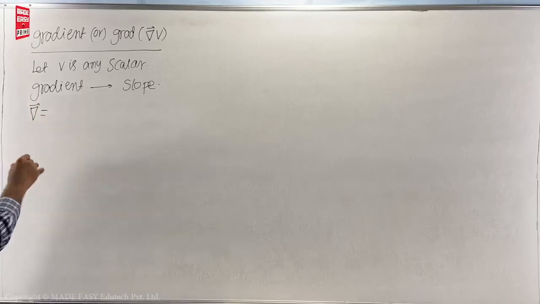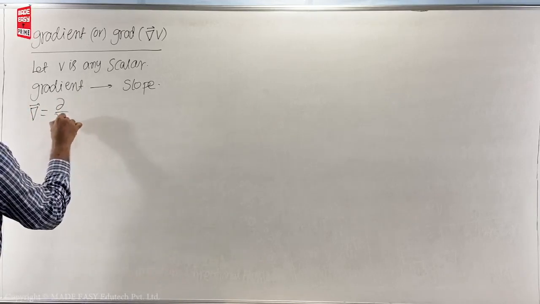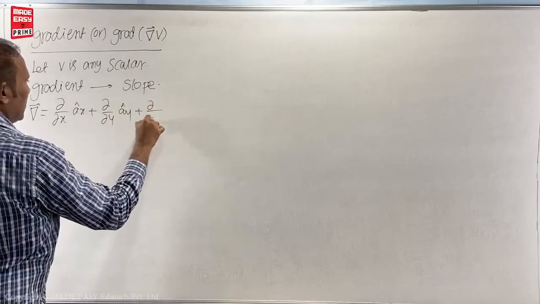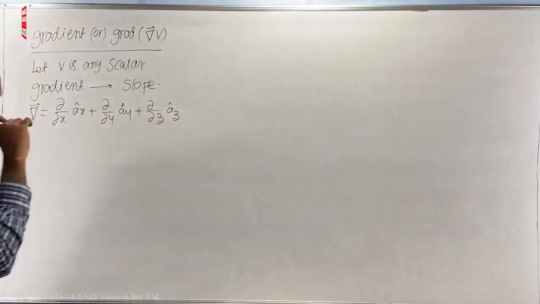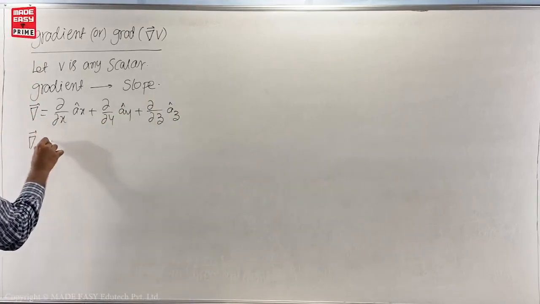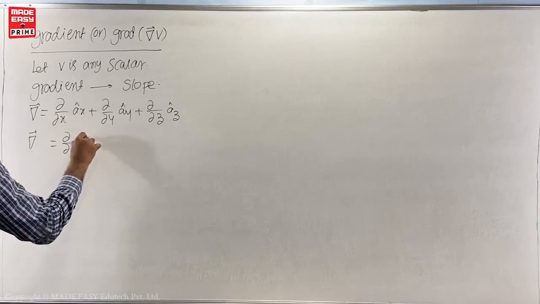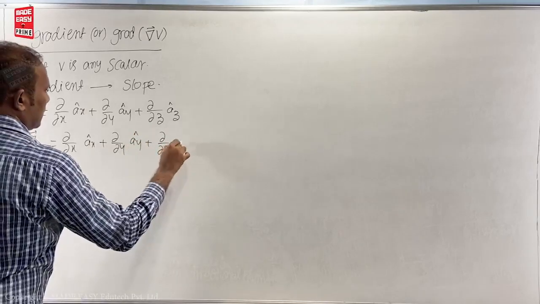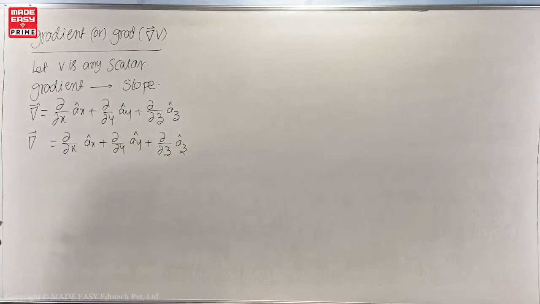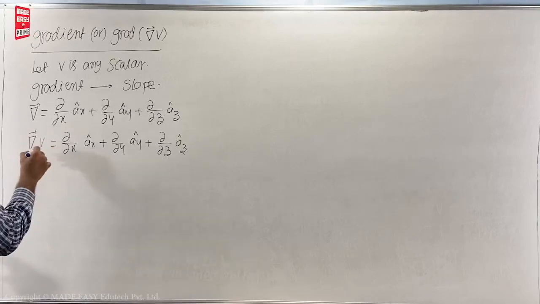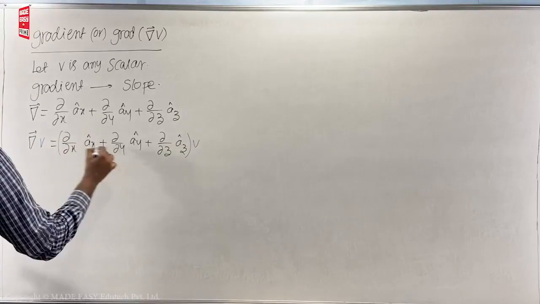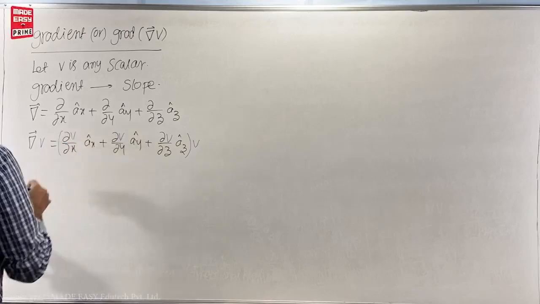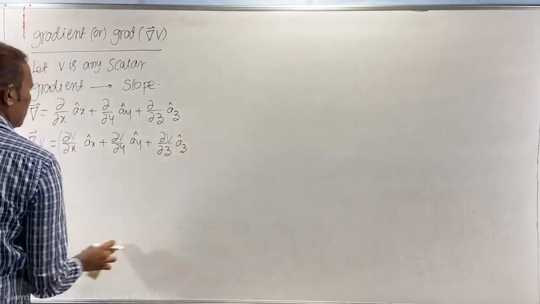Now this del bar equation in rectangular system is dou by dou x ax, dou by dou y ay, dou by dou z az, like this. If scalar v is taken here, then v comes inside and it is differentiated like this. So this is that one.